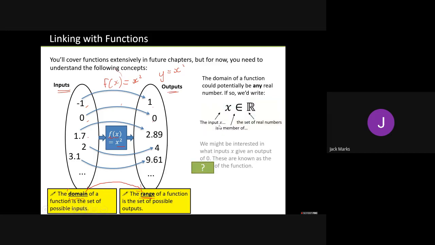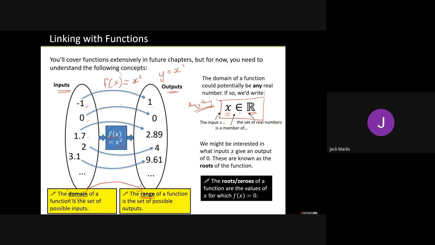So, as we said there, often your domain will be that x belongs to the real numbers. You can take this to mean at the moment pretty much anything, as in x could be pretty much anything. The only exception, really, we can think of is complex numbers, but you won't do those unless that's further maths.